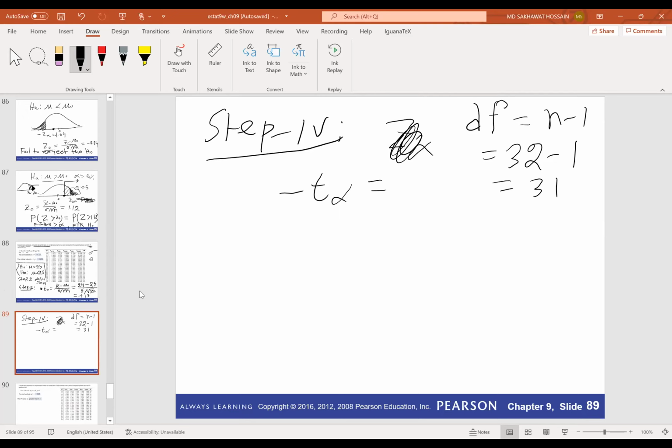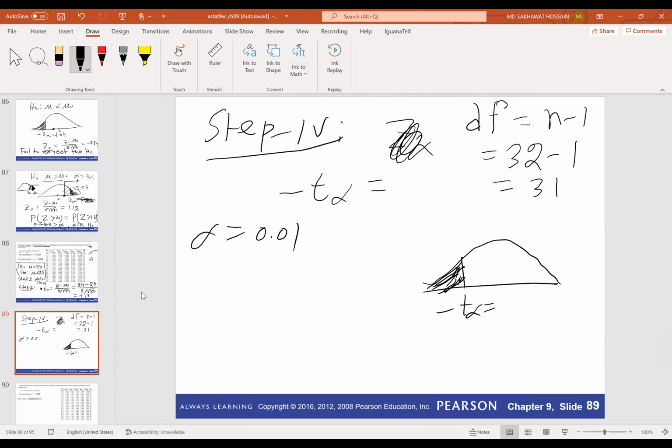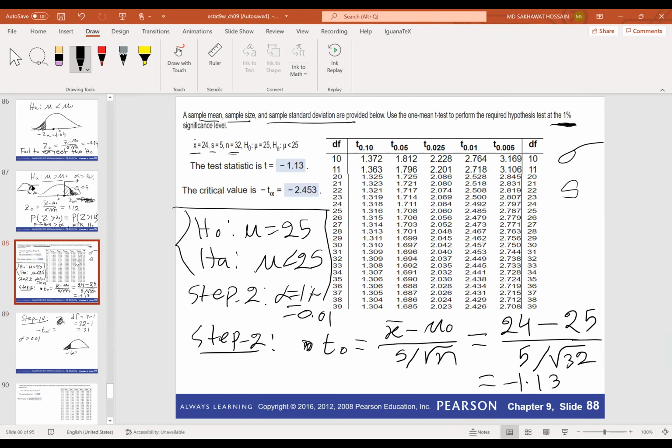Okay, so now we'll find the critical value. The critical value is negative T alpha, and this is the rejection region. Here alpha is 1%, alpha is 0.01. So let's go back to the T table. We know the alpha value, so we know the probability, which is 0.01. So this is T 0.01.